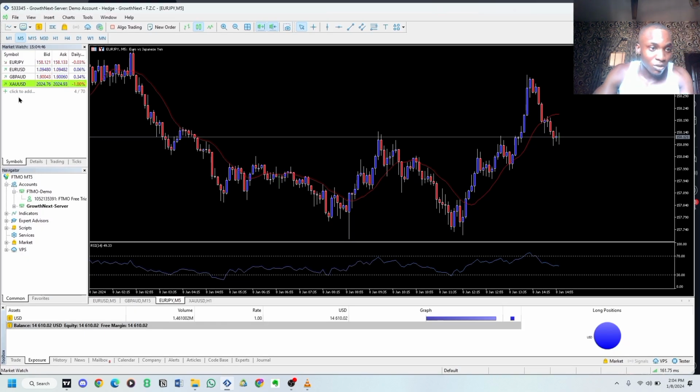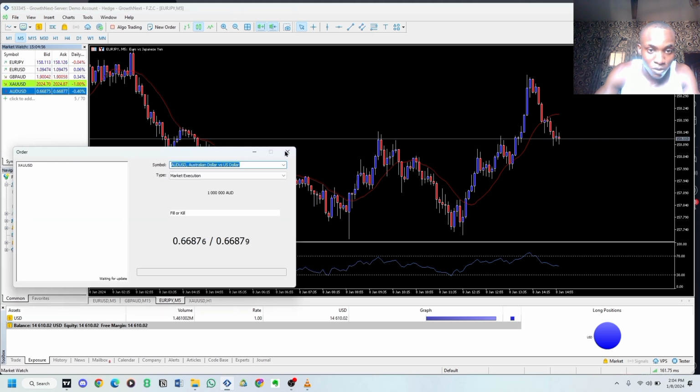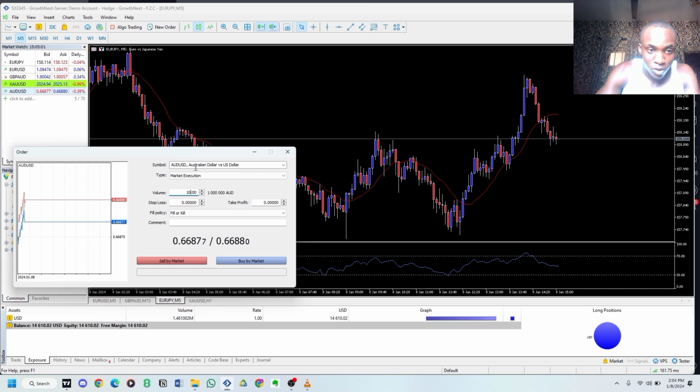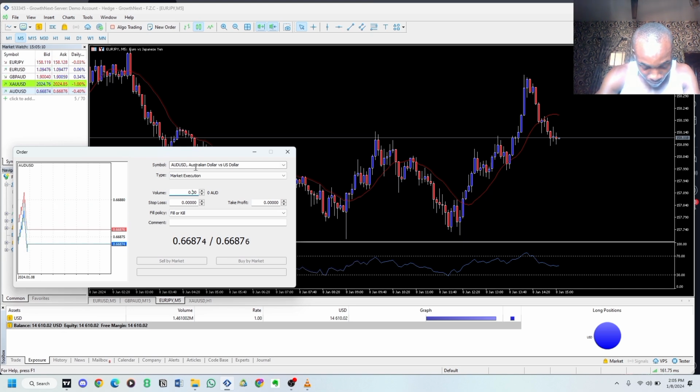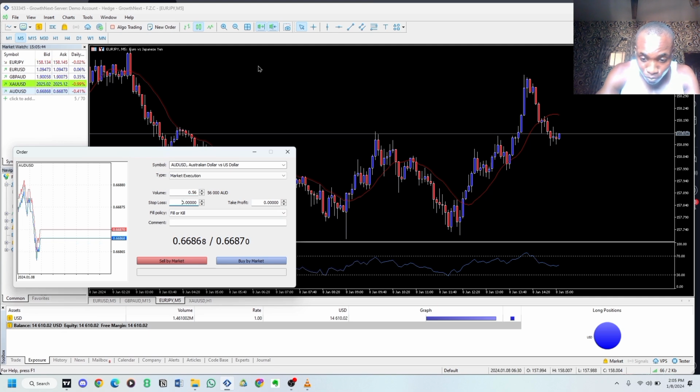I don't have AUD so I have to click to add AUD. Then 0.556 lots, and I have my SL at 0.66585.